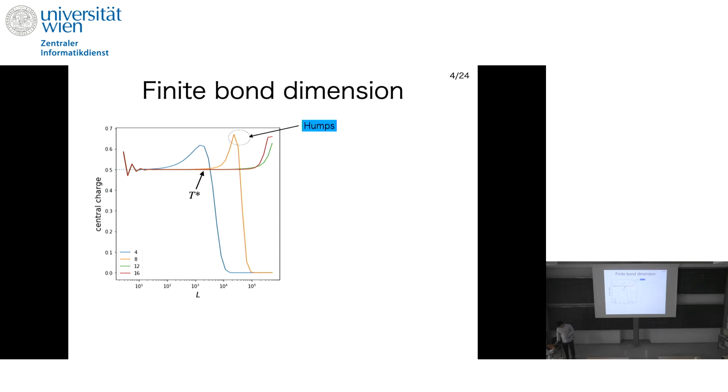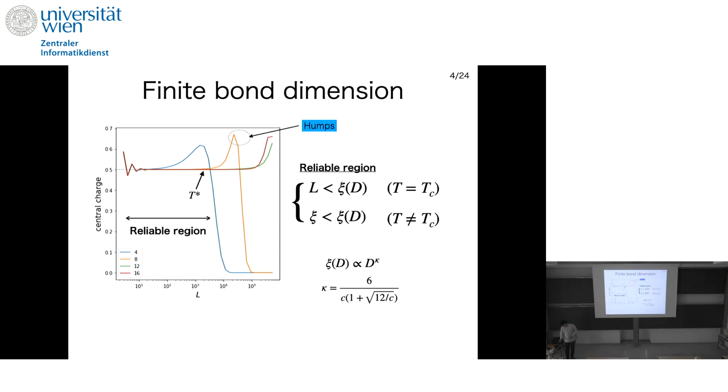This is because you have some sort of finite correlation length that is induced by finite bond dimension. And in this case, you need to define a reliable region where the numerical accuracy is guaranteed. And this is very important because some of the 2D classical critical systems are exotic when the central charge is higher.